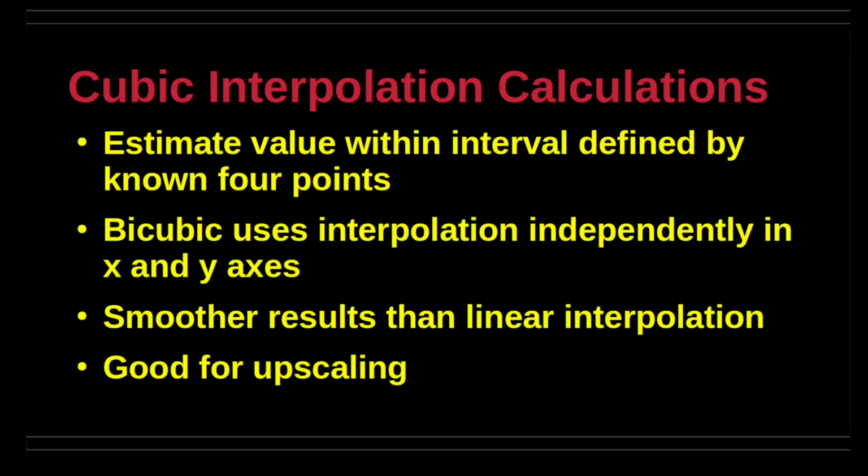Bicubic interpolation is computationally more expensive than bilinear interpolation, owing to the large number of calculations involved. Special handling is required for pixels near the image edges. Careful implementation is necessary to minimize artifacts like ringing or overshoot.